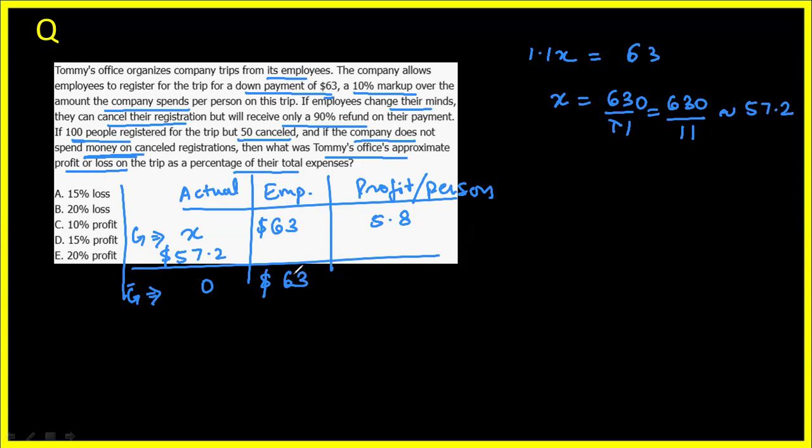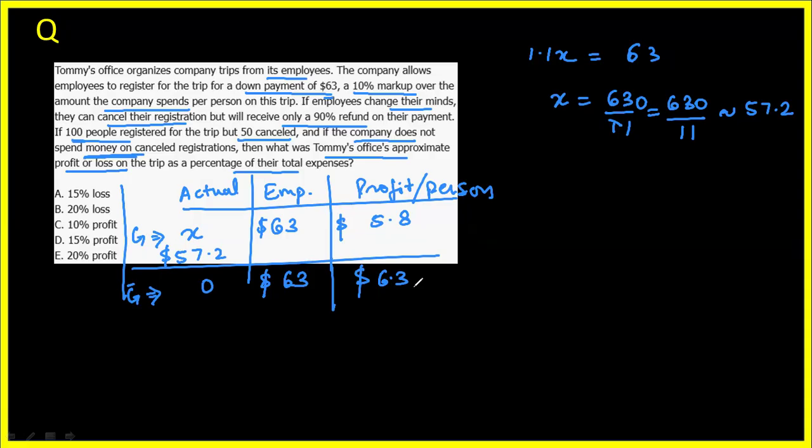So per person, the profit for those who do not go is $6.3, 10% of 63. The company gets $6.3 per person for the cancellations, because they have not given this back 100%, they are just giving 90%.